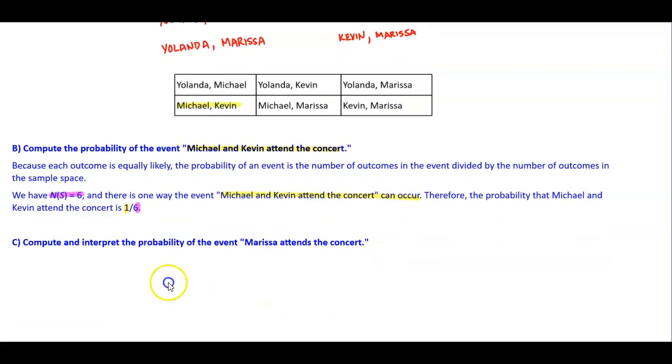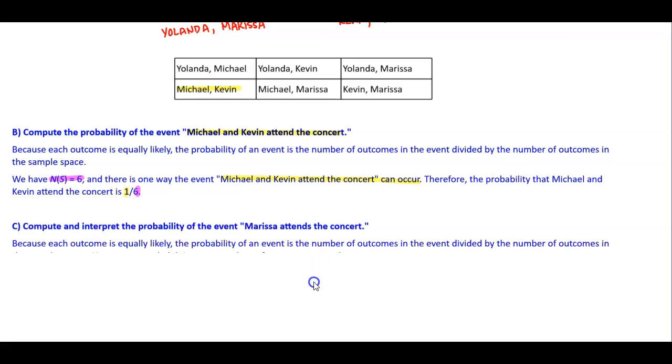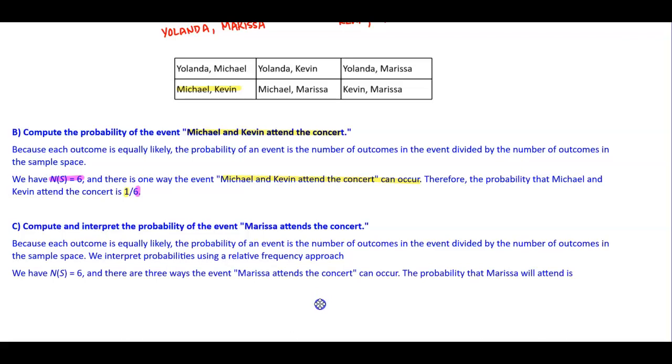Okay, now we want to compute and interpret the probability of the event that Marissa attends the concert. So again, because the outcomes are equally likely, the probability of an event is the number of outcomes in the event divided by the number of outcomes in the sample space. And we're going to interpret the probabilities using a relative frequency approach. So again, we have a total of 6 in the sample space. And how many ways can the event that Marissa attends the concert occur?